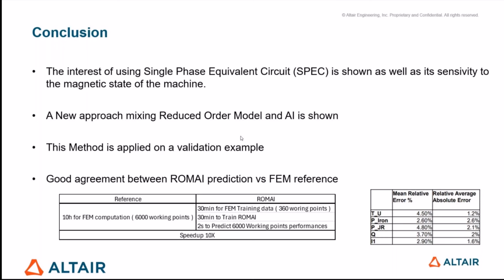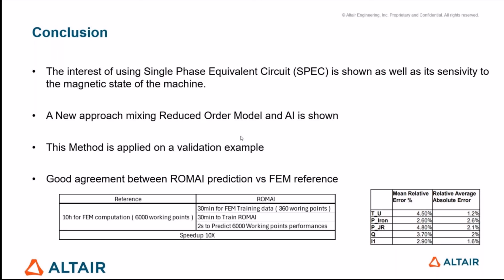But unfortunately, this equivalent scheme can be very limited, especially for local rotor effects and the high or maximum torque value. We showed this sensitivity to the frequency, the voltage, and the slip. We showed also this new and promising approach, mixing AI and the reduced order model.